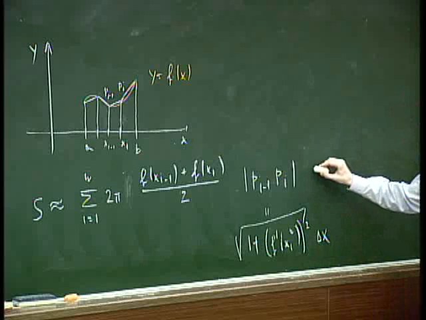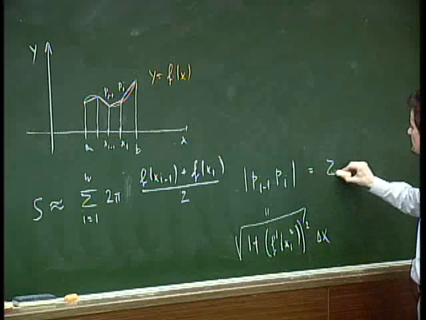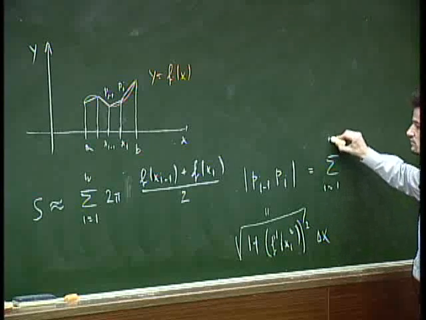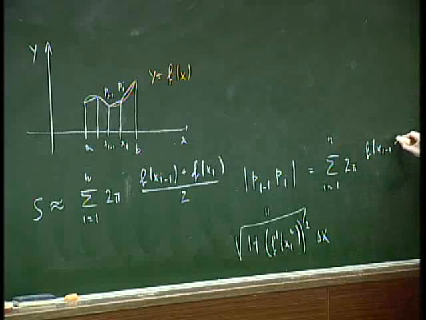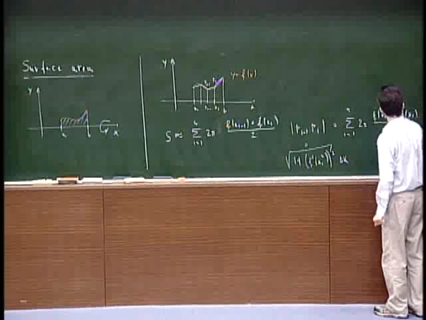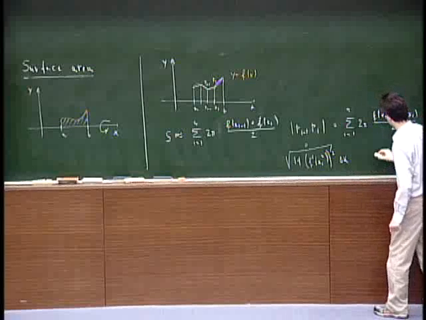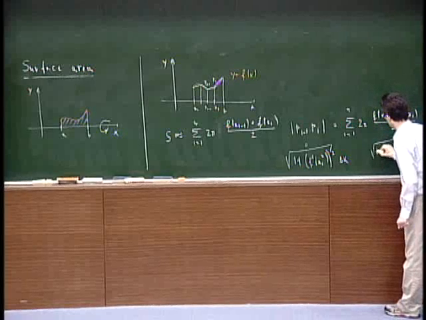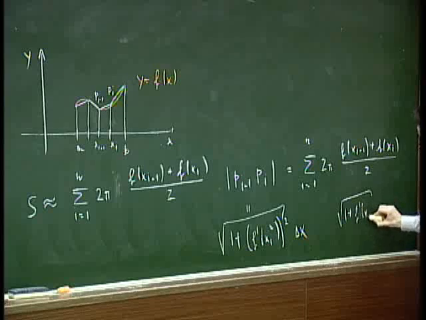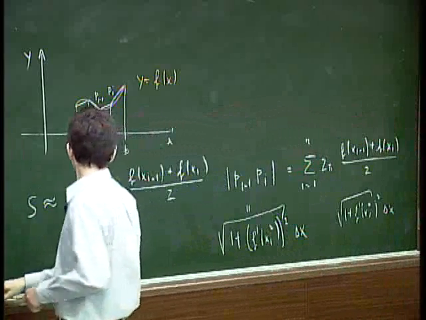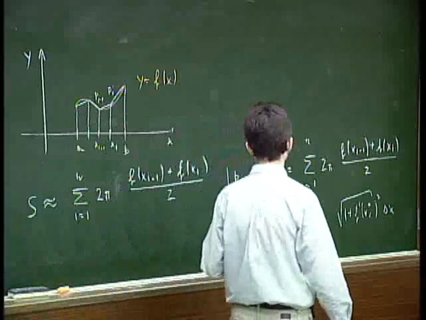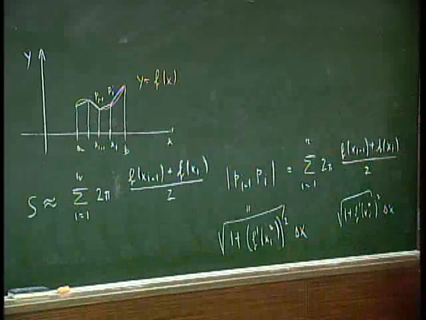Okay, so we can plug this in here. So this is equal to the sum i from 1 to n, 2 times pi times (f of x_{i-1} plus f of x_i) over 2, times the square root of 1 plus the derivative squared, times delta x. Okay, so we get this kind of approximation.